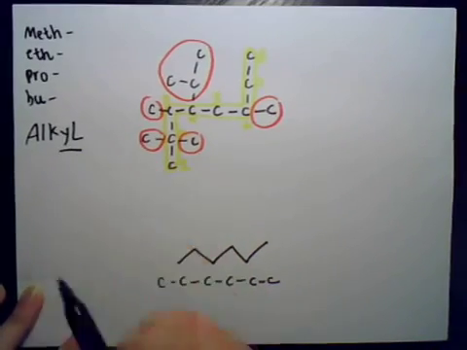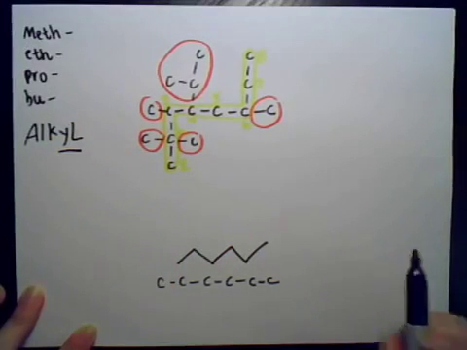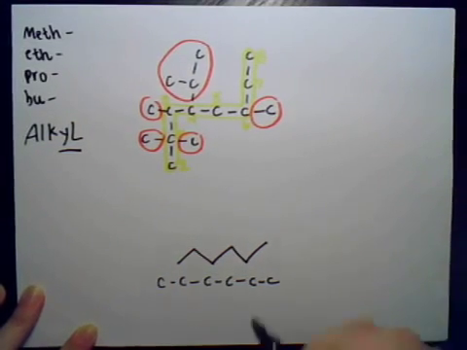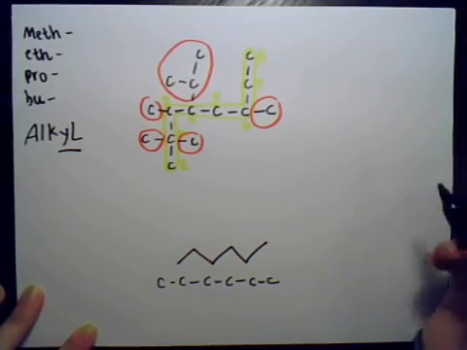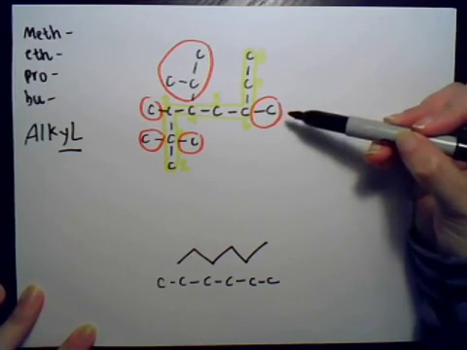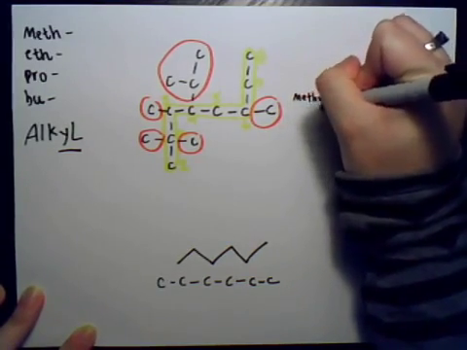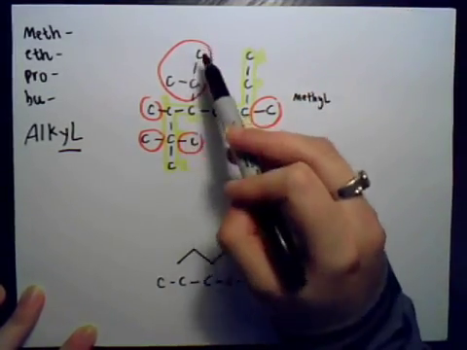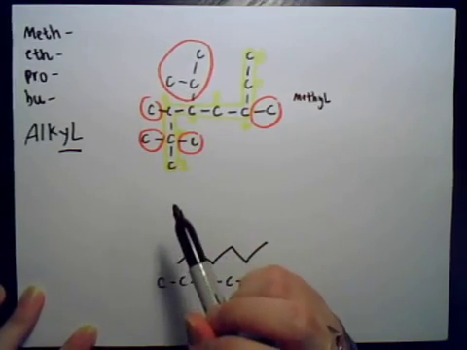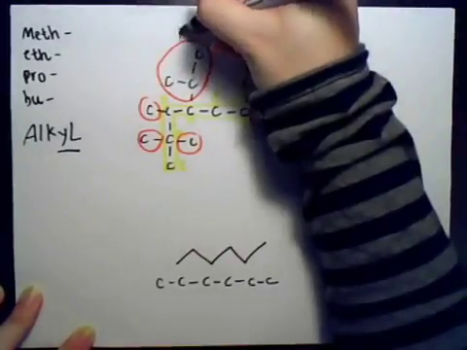So the ending yl can just be attached to the prefix that will tell us how many carbons there are, and that's what they're called. So for example, this substituent that only has one carbon would be methyl. So that would be a methyl group. And this one right here has 3, so propyl. That would be a propyl group.